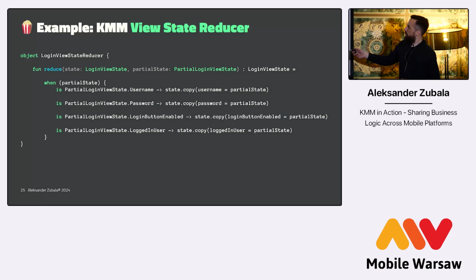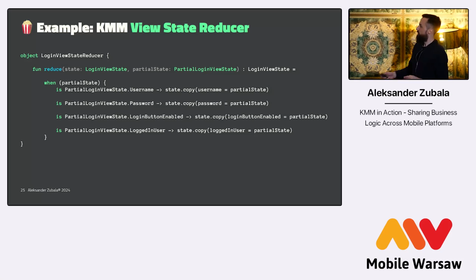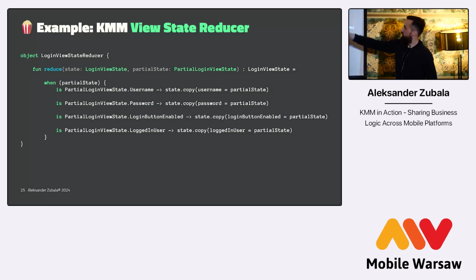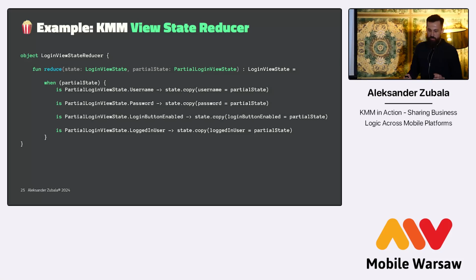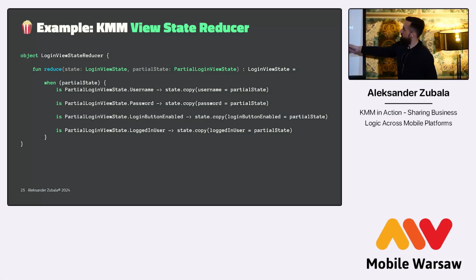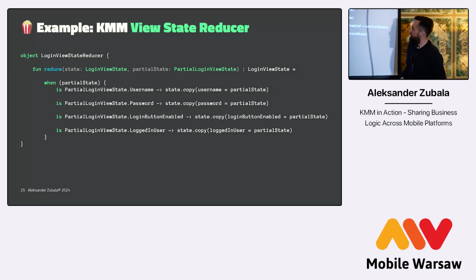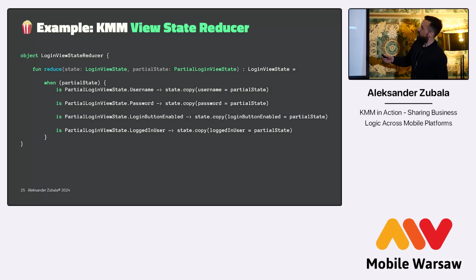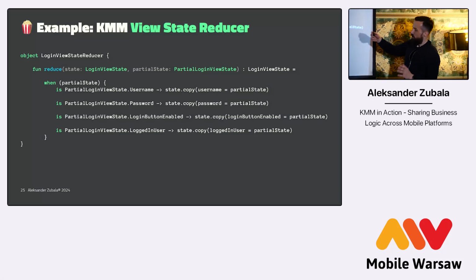So for example, we can call this method whenever the user provides a username in the text field. We will call this method with the partial state for the username, and then we will end up in the first branch here and return the login view state with the updated username partial view state.